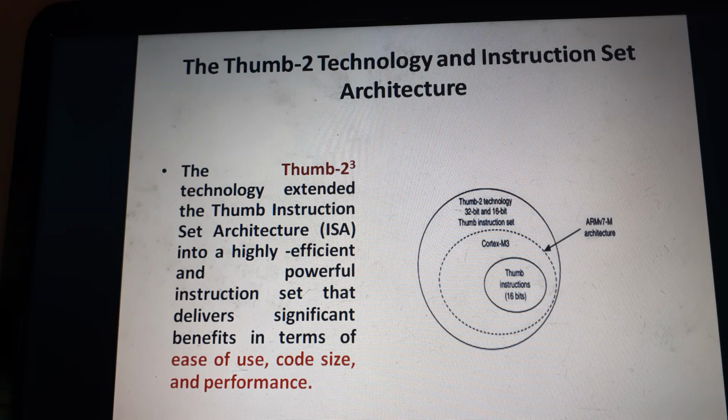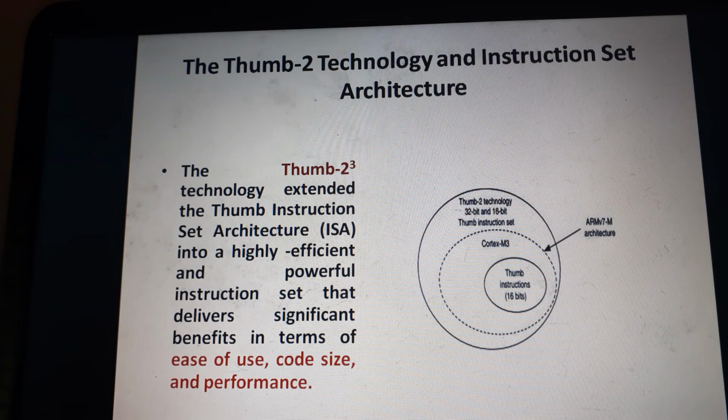Not only that, some decision making jobs also require the ARM instruction set to implement. That's the reason, by mixing the Thumb instruction set and the ARM instruction set, traditional ARM processor programming is done.